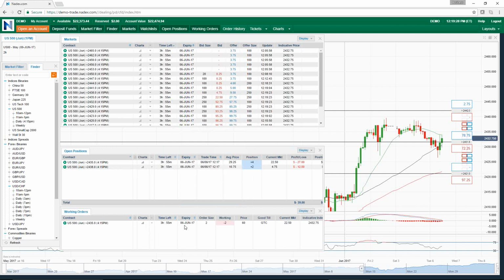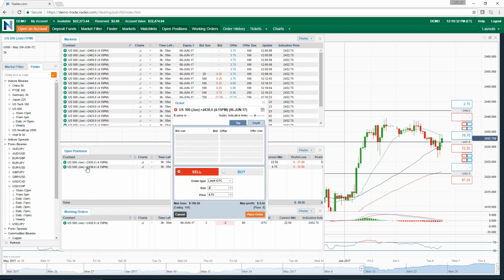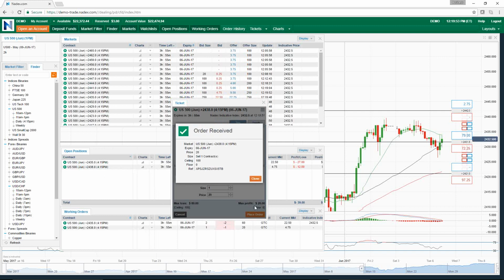So while we're looking at the next market, we'll get this one working, and then on this one, I've got a few ones in here. I could just leave this as it is, or for the sake of today, I could sell half of my position, and then since I bought them at about 10, I'll look to sell these at, say, 20 and get out of half my position at break even.